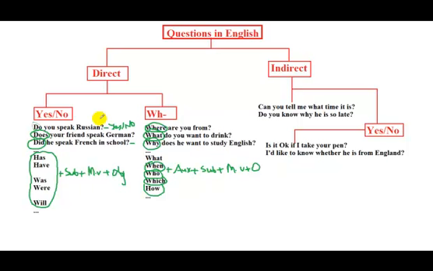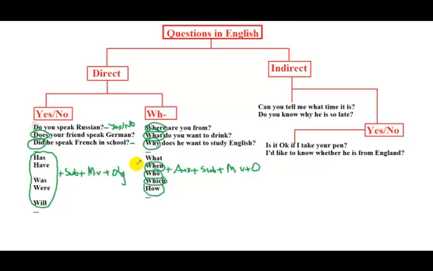Now, when do we use yes/no and when do we use WH questions? For example, initially when we start a conversation, you meet a friend abroad and you want to say, oh, do you speak Russian? He says yes, I can speak Russian. And then you want to know more information, so you ask, where did you study Russian? Where did you learn Russian?